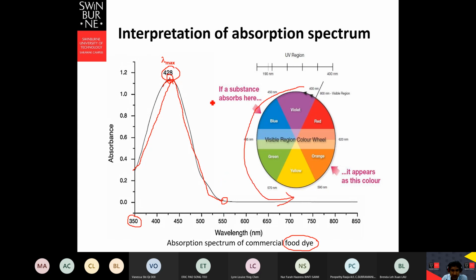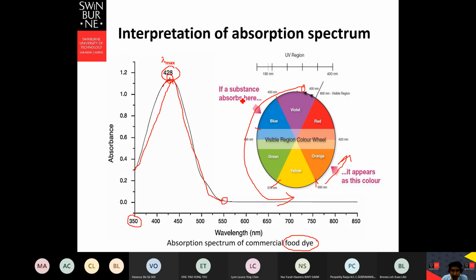We started from 400, 450, 495 here, then 590, 600, and then it goes out in this way, increasing until 800 nanometer. That is the maximum of our visible range, right? 780. So at 428, it will be somewhere here.